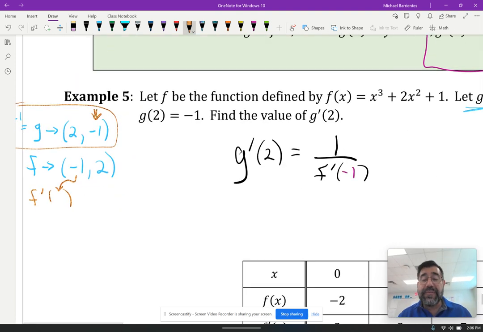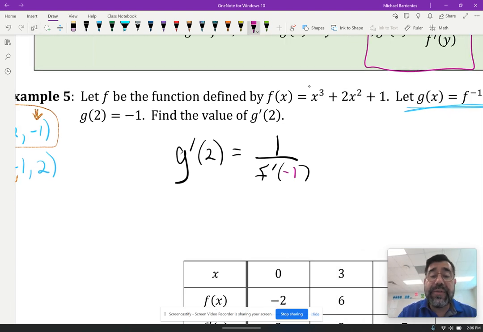The shortcut itself, hey, that's a neat shortcut, because all I have to do is take the derivative of the original function, 3x squared plus 4x plus 0, and then evaluate it at -1.